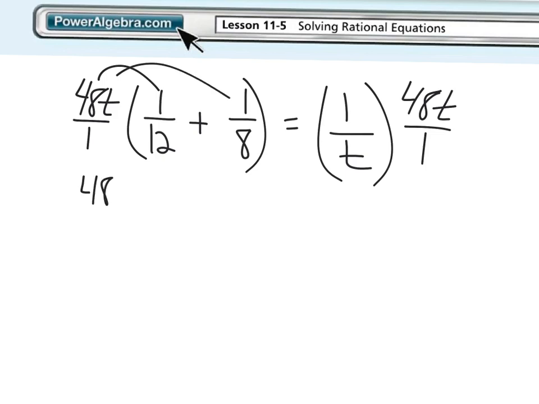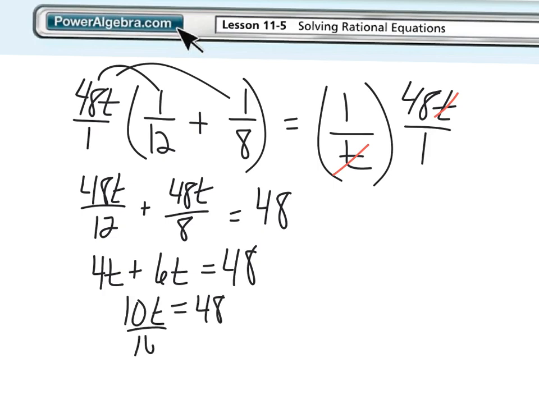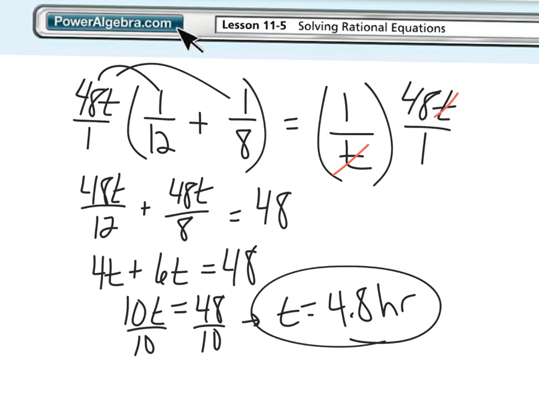So if you distribute this, this would be 4t plus 6t, which would be 10t. And dividing by 10, normally we're not going to go with decimals here, but this one, dividing by 10, would just move your decimal over one spot to the left, so that would be 4.8 hours.